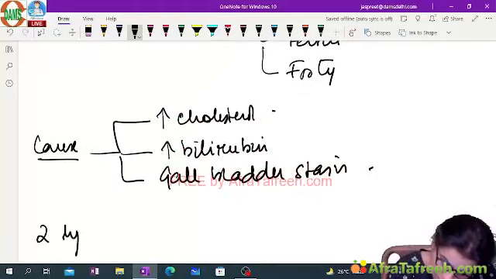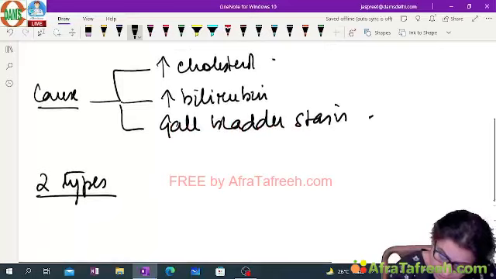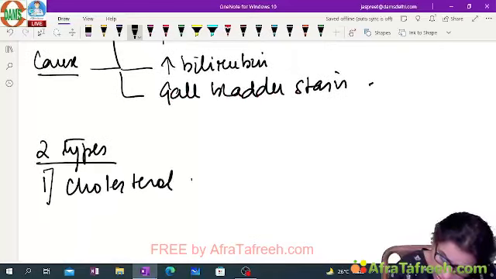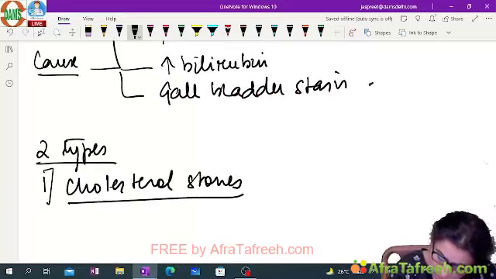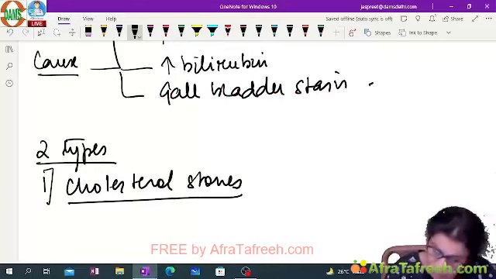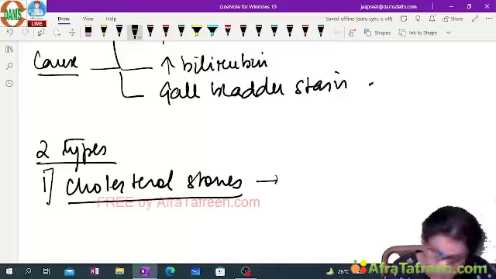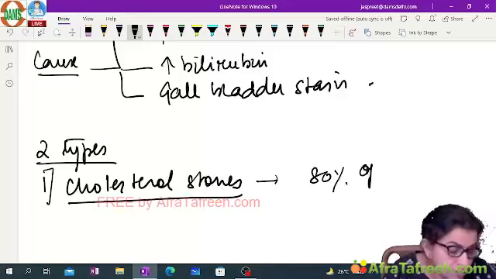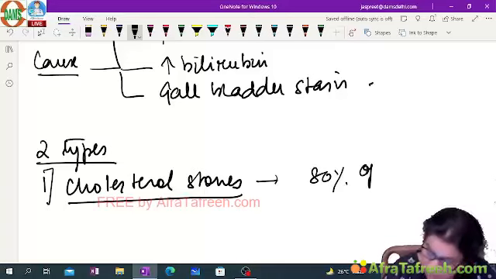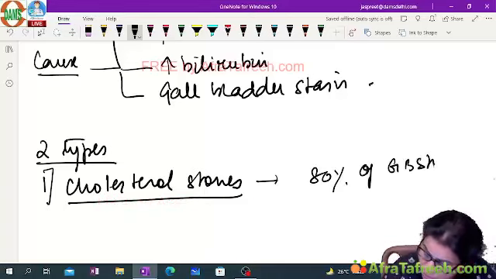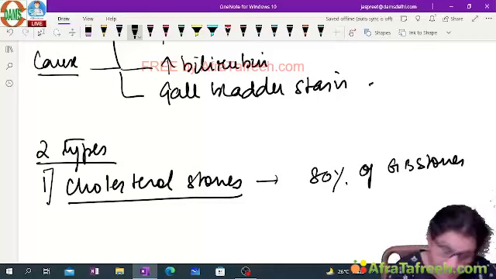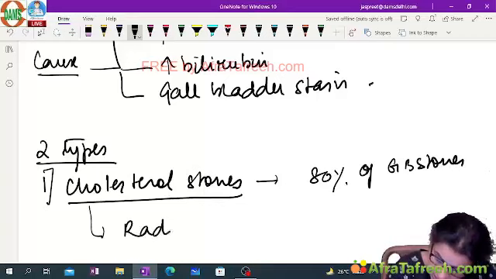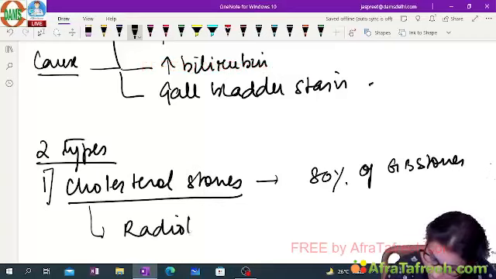Now there are two main types of gallstones. Number one, cholesterol stones. Cholesterol stones account for 80% of stones. 80% of gallbladder stones are cholesterol stones, and by and large they are radiolucent.